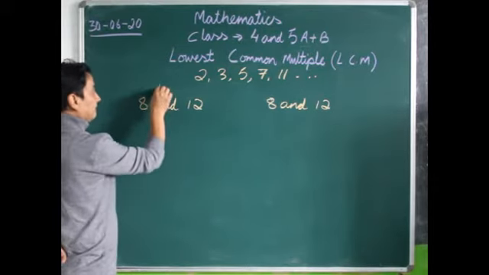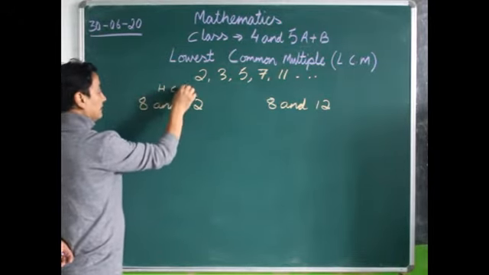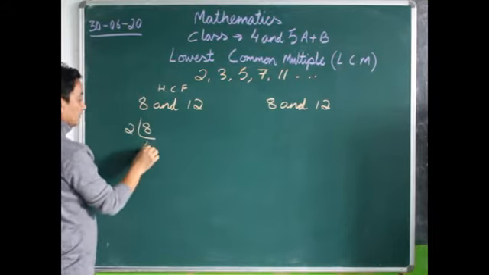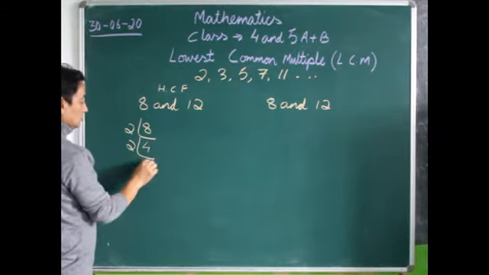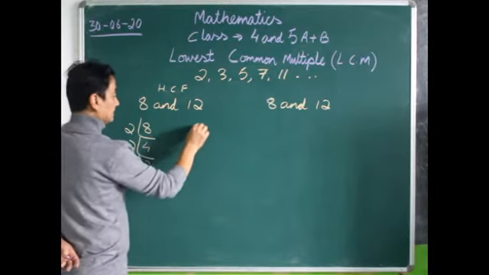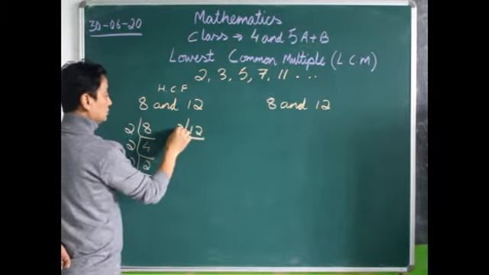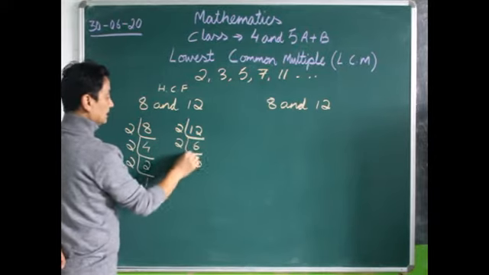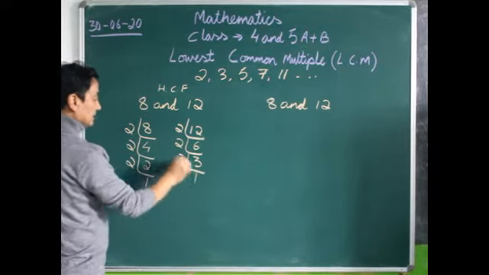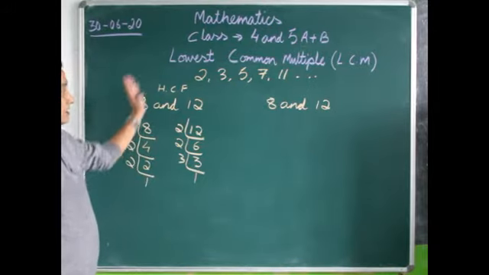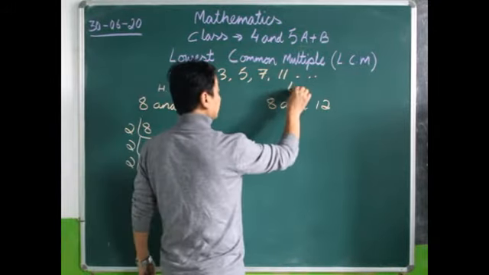In HCF, we have to find the prime factors. 2 4s are 8, 2 2s are 4, 2 1s are 2. Prime factors of 12: 2 6s are 12, 2 3s are 6, 3 1s are 3. Okay, I've done half the work, I've found the prime factors. Now let's move on to LCM.